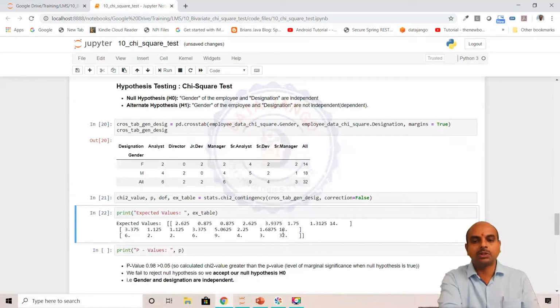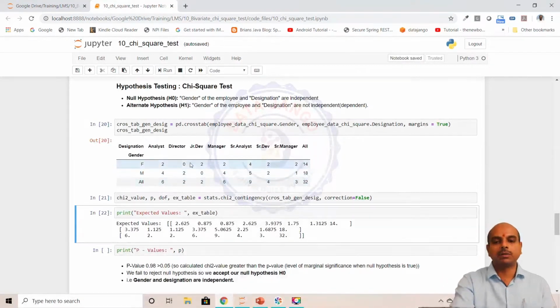So here 32 is the total number of records. Even in the original observed values contingency table it is 32. So this is the observed values contingency table, and this is the expected values contingency table. We will use some probability theory to calculate this, and I will show it in a moment.